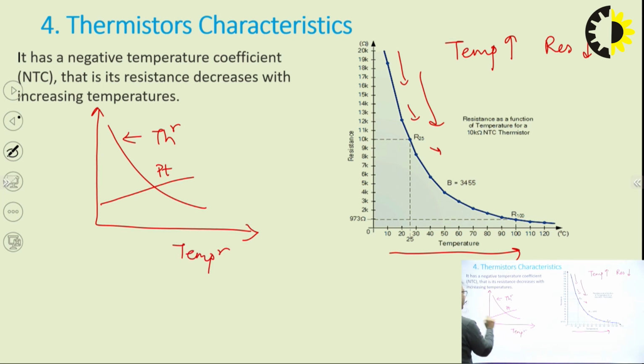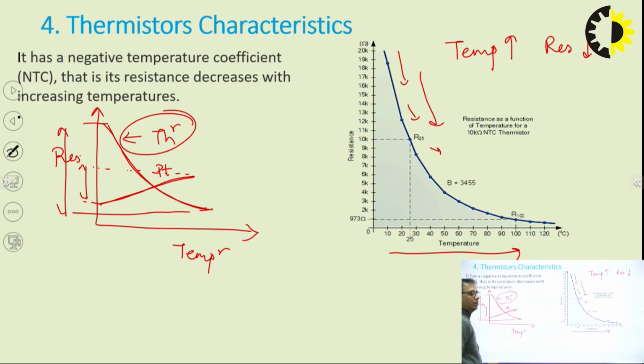So we can say as temperature is increasing, it shows a high amount of decline in resistance as compared to platinum. Platinum is showing positive change in resistance, but the change is very small. This change is approximately only this, but here the change is this much. But thermistors we generally use for lower temperature ranges. Generally it is used in electronic circuits to judge the temperature.